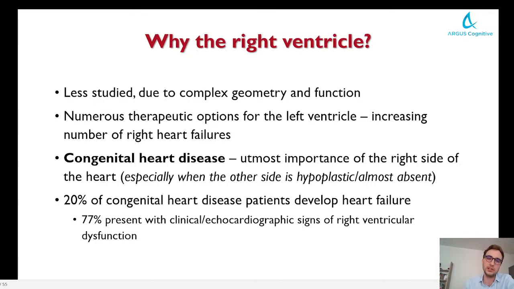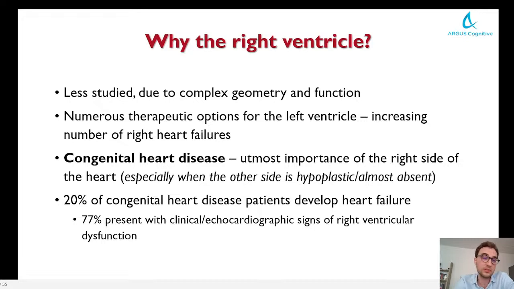in our patient population. The right ventricle is especially important in congenital heart diseases, and of course it has utmost importance regarding the right side of the heart, especially when the other side is hypoplastic or almost absent, because we do know that there are some patients who have this condition. Approximately 20% of congenital heart disease patients develop heart failure.